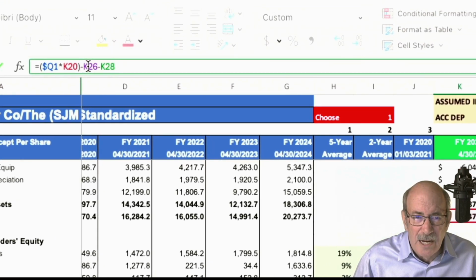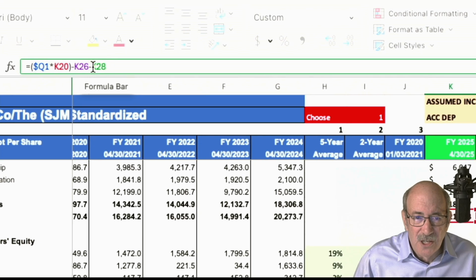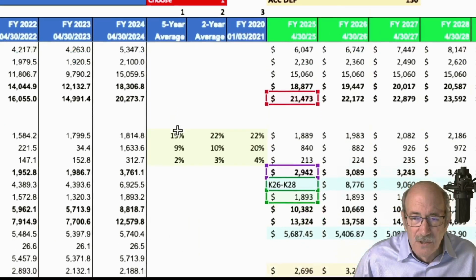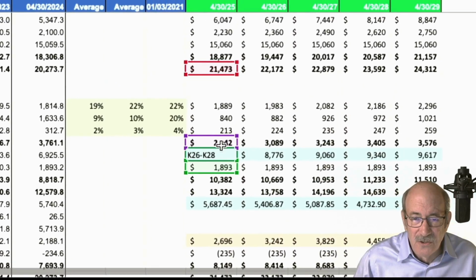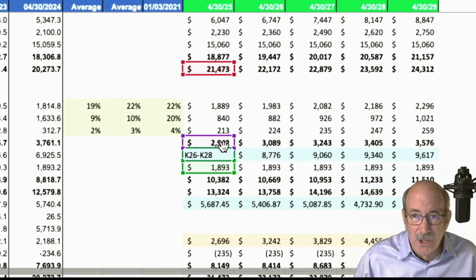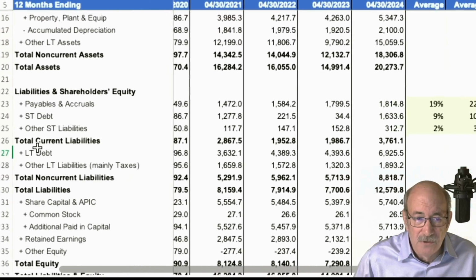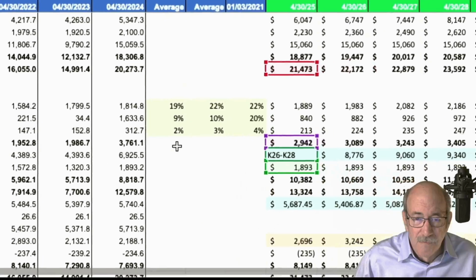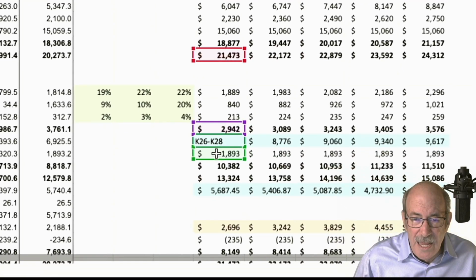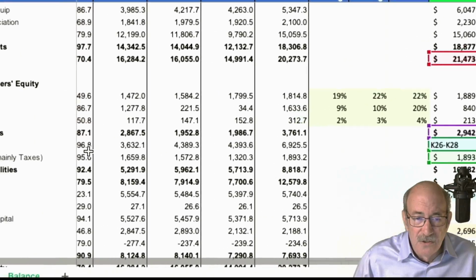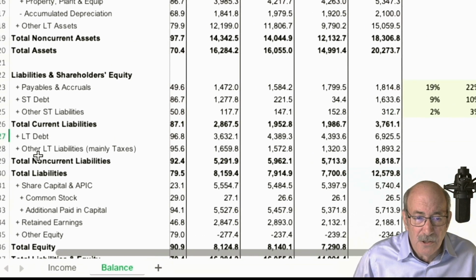And then I subtract from that K26 and K28. K26 is total short-term, or current, liabilities right here, and K28 is other long-term liabilities.